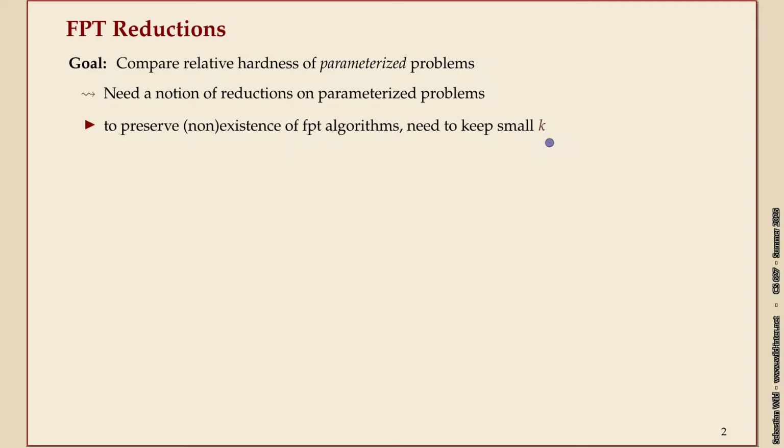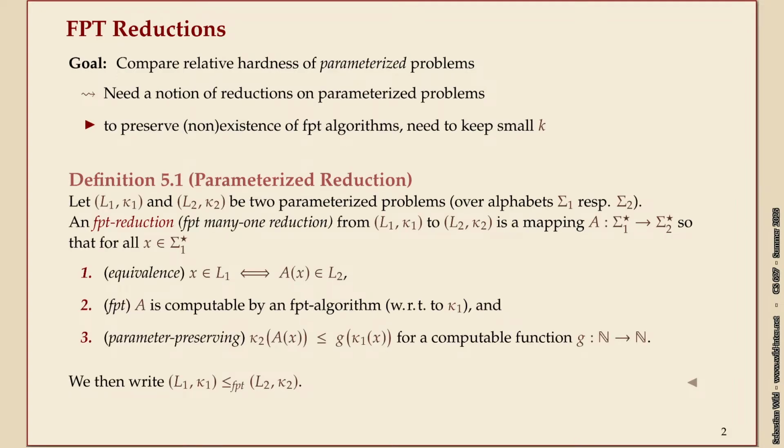So you take a parameterized input of one problem, an input and a parameter, and you output via the reduction the input to another problem, then that also has a parameter, and that shouldn't be too big. Otherwise, intuitively, you can't make statements about FPT algorithms. And more precisely, this is a very natural way to formalize this.